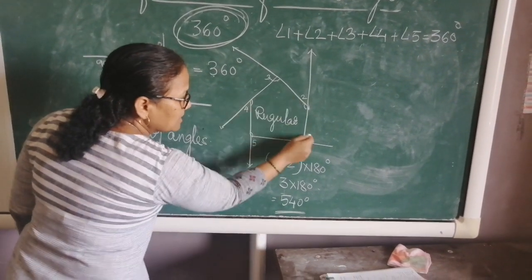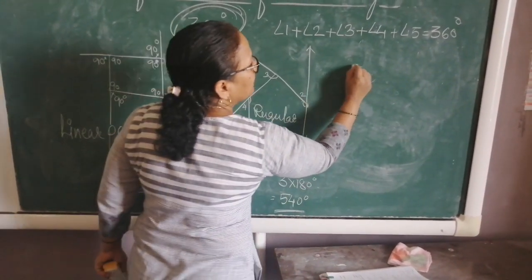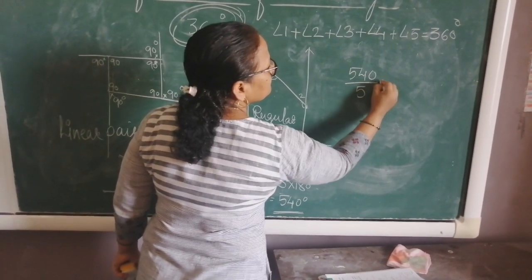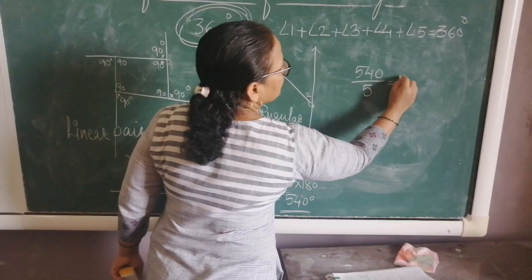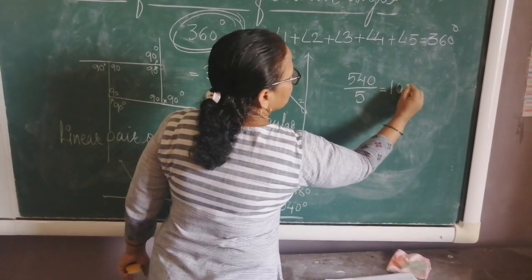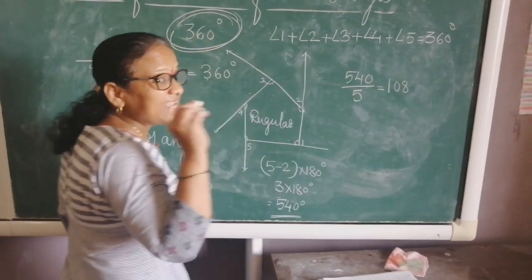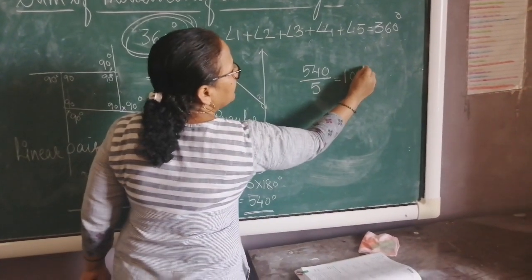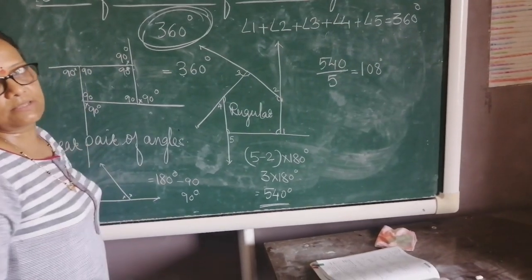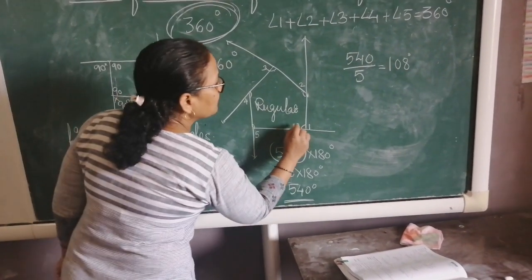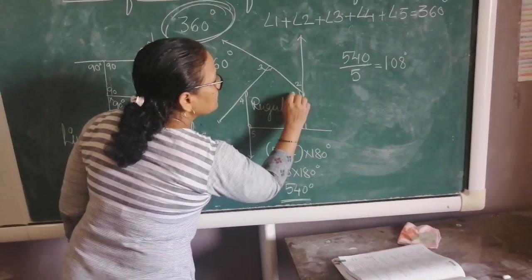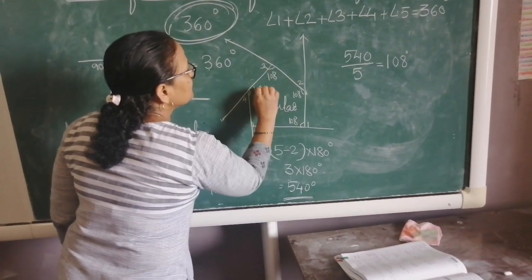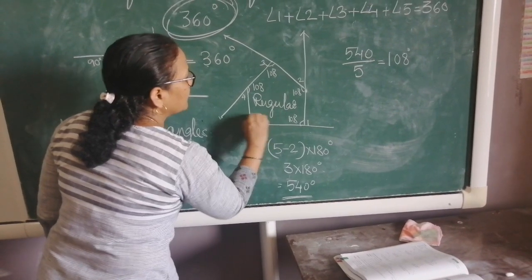If each angle is equal, that means 540 divided by 5. That means each angle has a measure of 108 degrees. Okay. Now if it is 108, this is 108, this is 108, this is 108, this is 108.